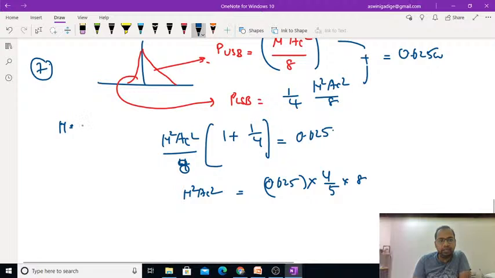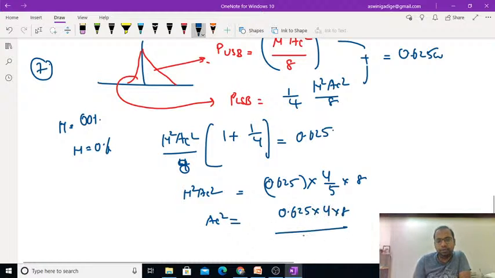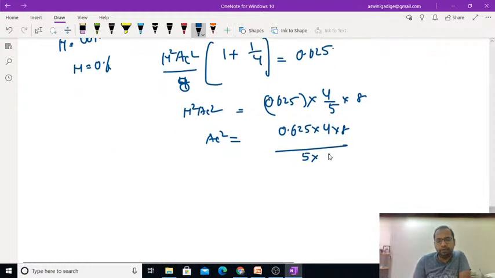In the question they gave that the modulation index is 60%, that means you can take mu as 0.6. Now Ac square is equal to 0.625 into 4 into 8 divided by 5 into mu square, that is 0.6 whole square.